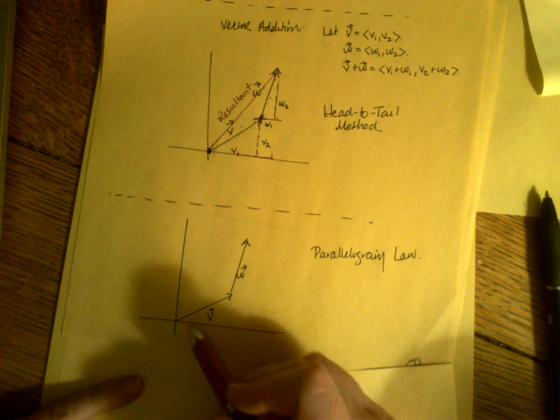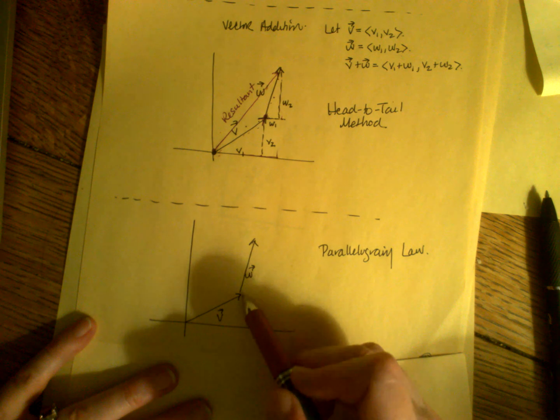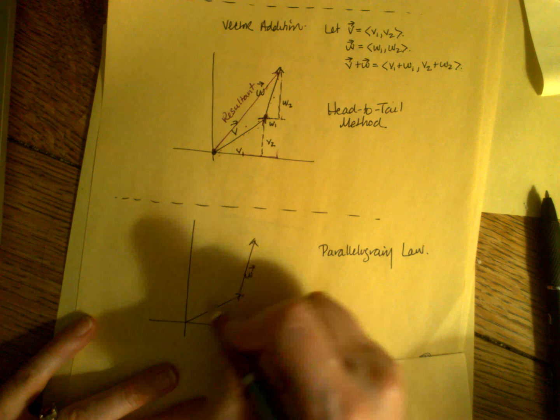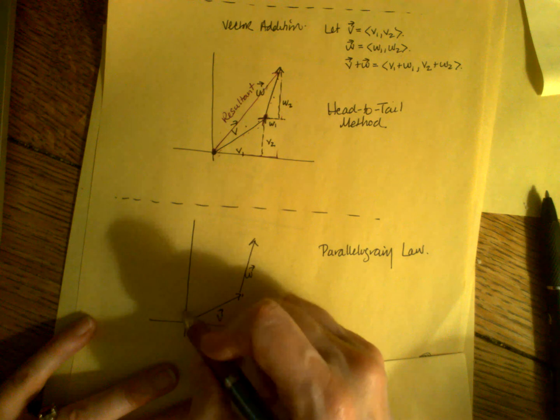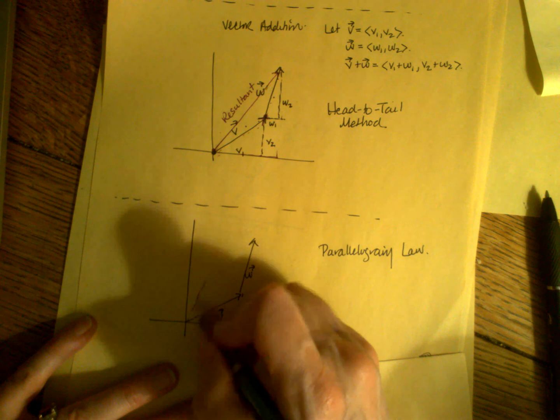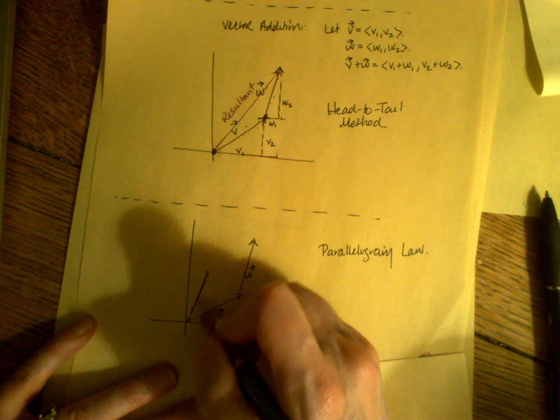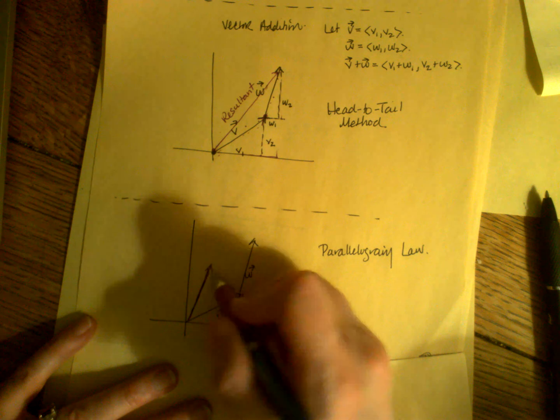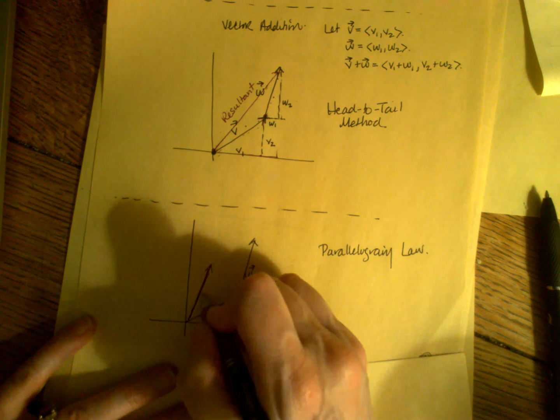So instead of doing the head to tail method, where here's vector v and w is at the head of vector v, instead I'm going to move w and v tail to tail. So let's say here's my vector w. Remember, these vectors can move all over the plane parallel to each other. Okay, so this is also equal to vector w.